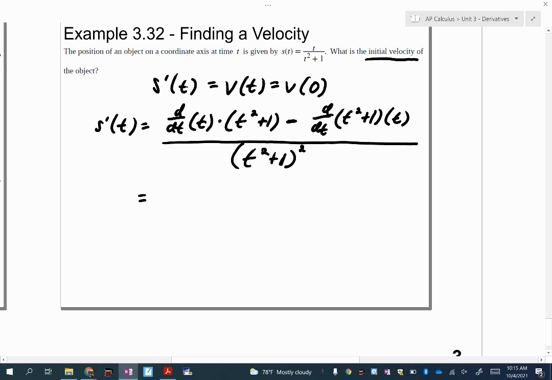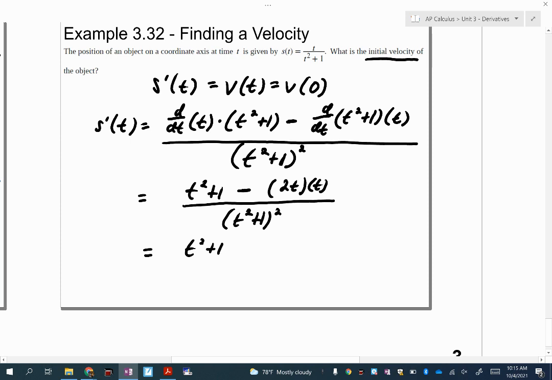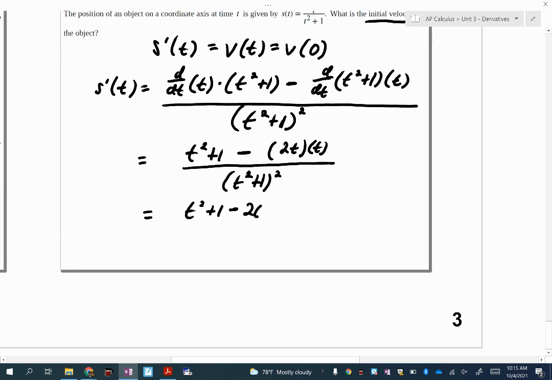The derivative of t is going to be 1. So 1 times t squared plus 1 is just t squared plus 1, minus the derivative of t squared plus 1, which is 2t, times t, all over t squared plus 1 squared. So that's going to be t squared plus 1 minus 2t squared over t squared plus 1 squared.